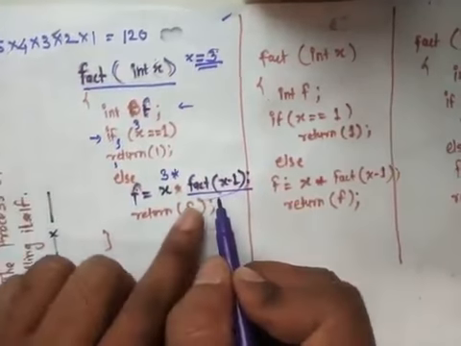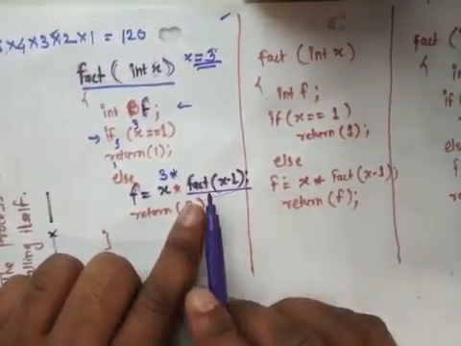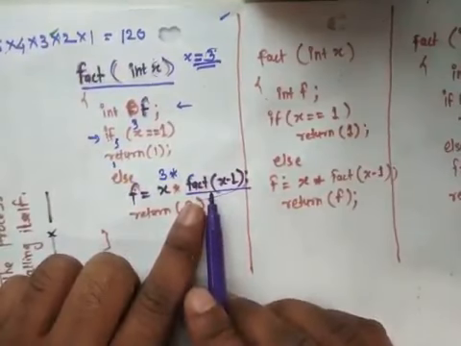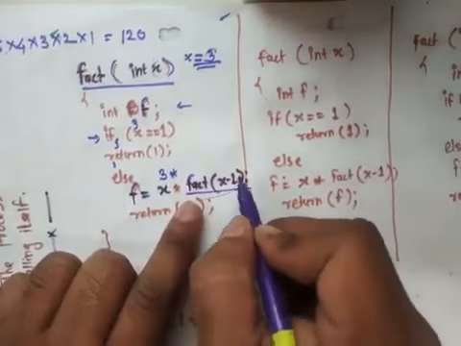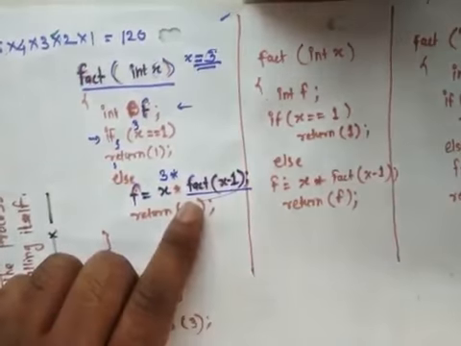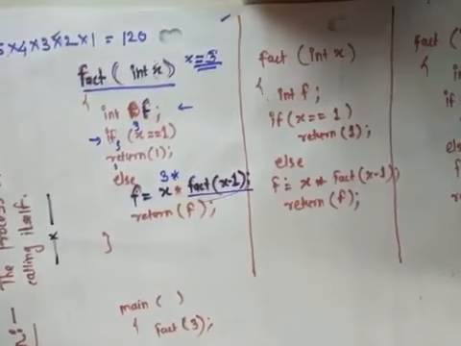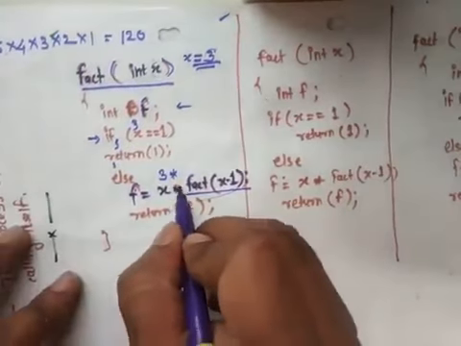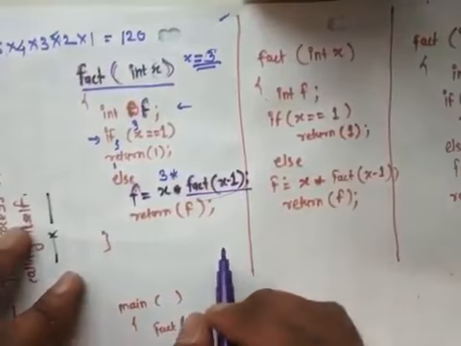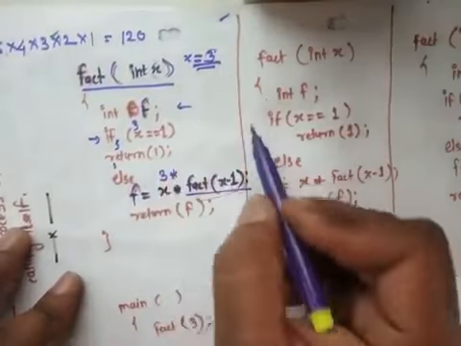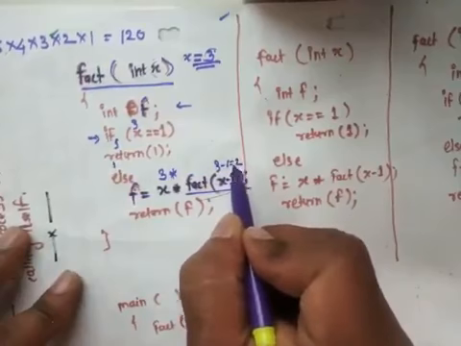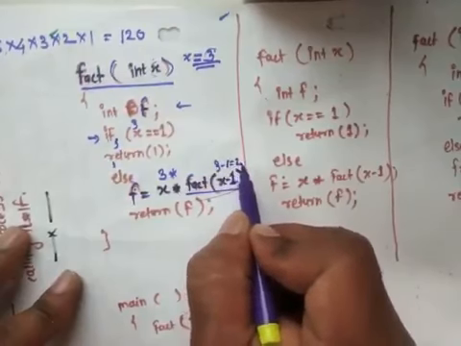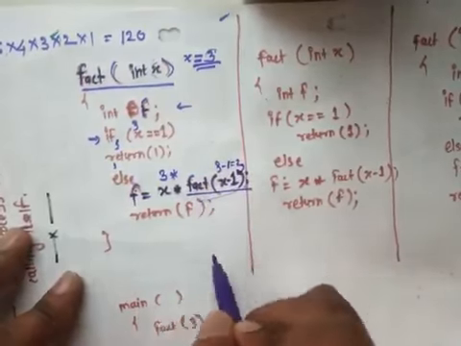Here I am going to call the same function from itself. So factorial of x minus 1. The value of x is 3, 3 minus 1, that is 2. So this 2 is going to be passed to this factorial function.